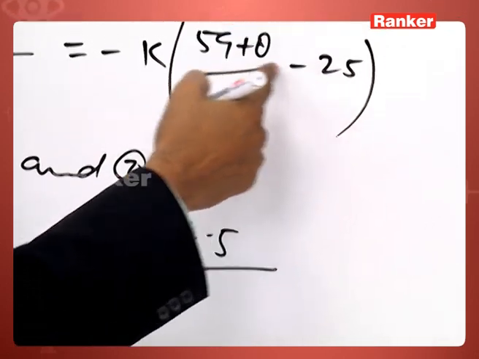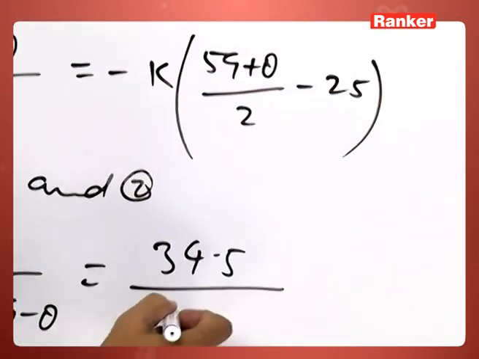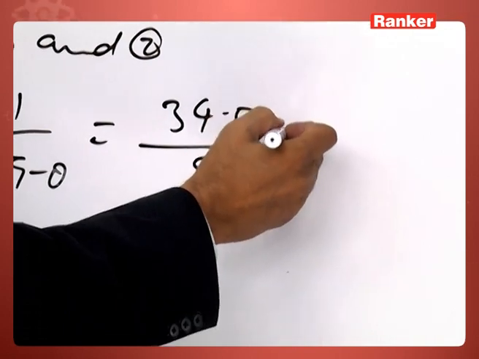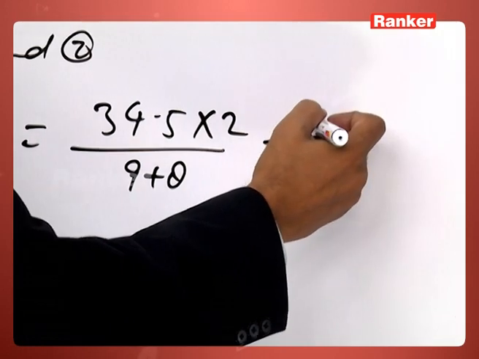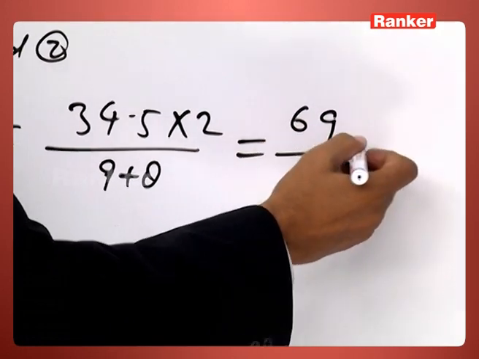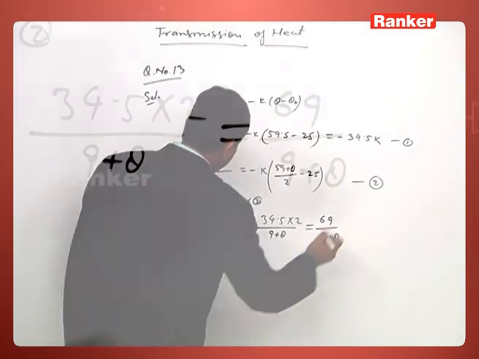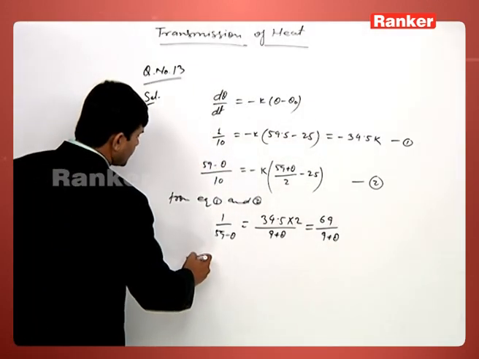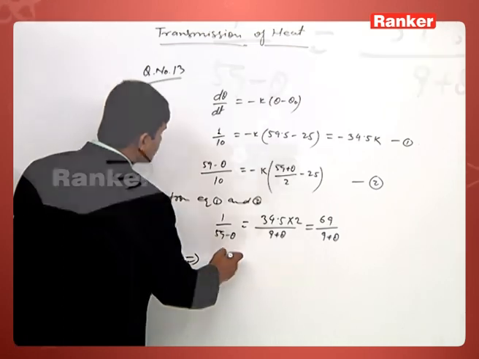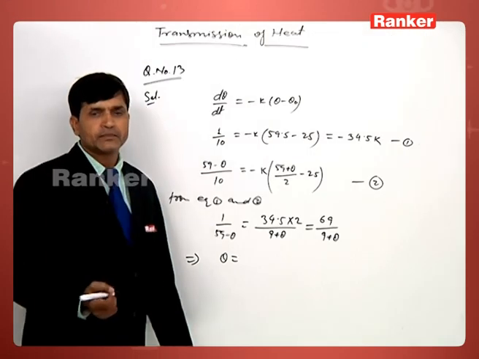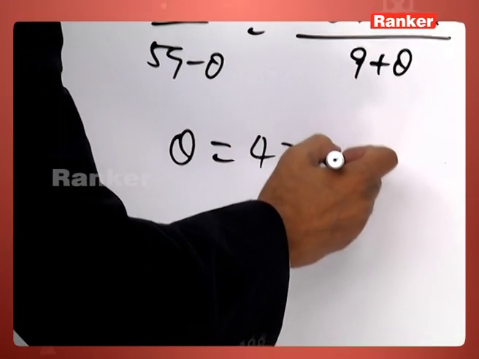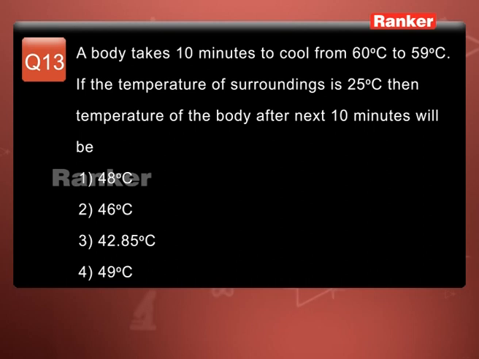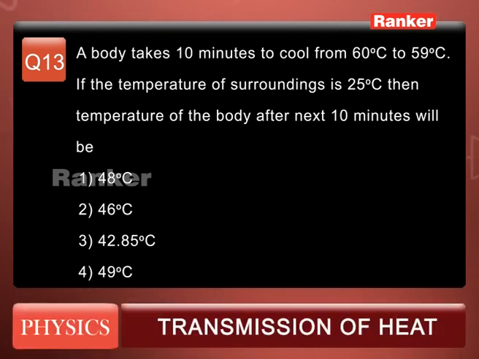This is 59 minus theta, 59 plus theta into 2, so this is 69 by 59 plus theta. Now we can simplify this. After simplifying, the theta value will come to 42.85 degrees Celsius. So our correct option is option number 3.